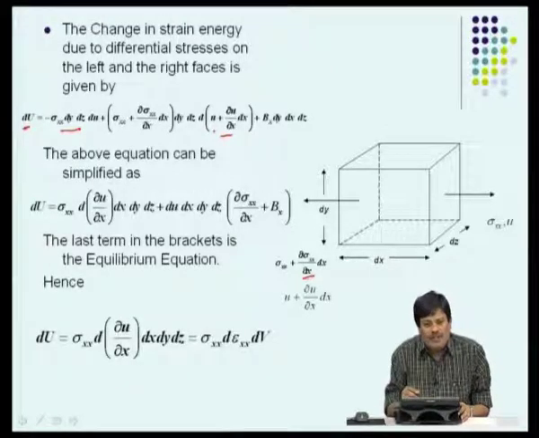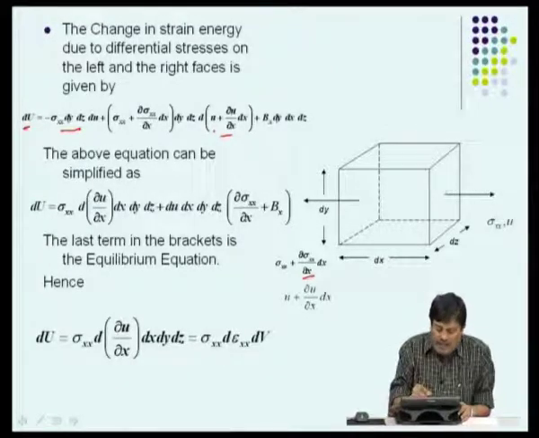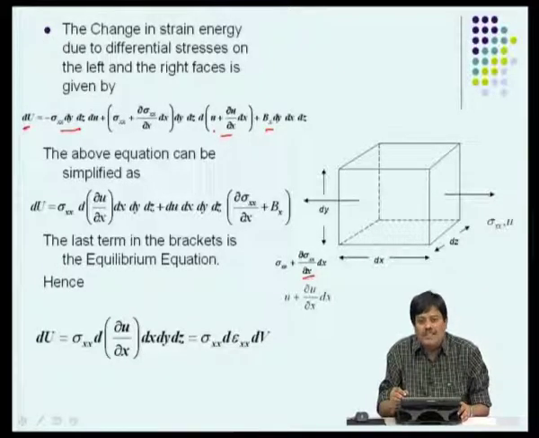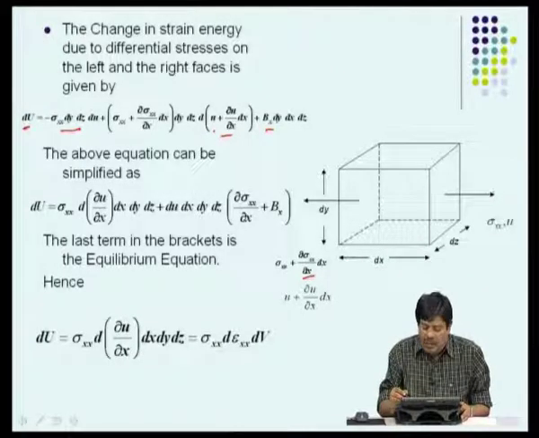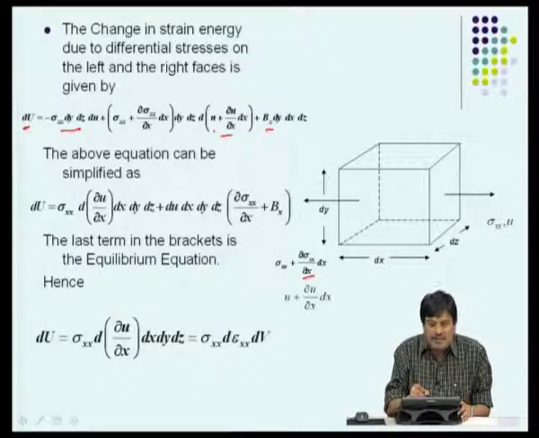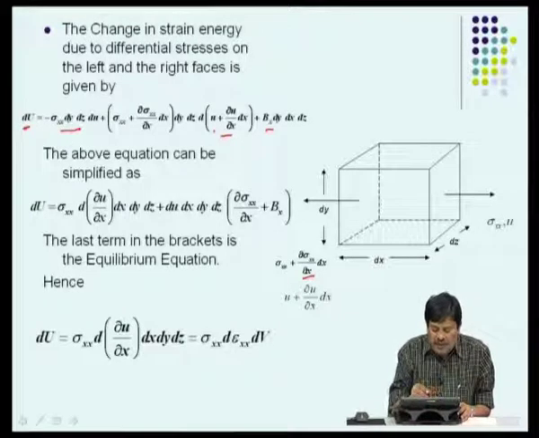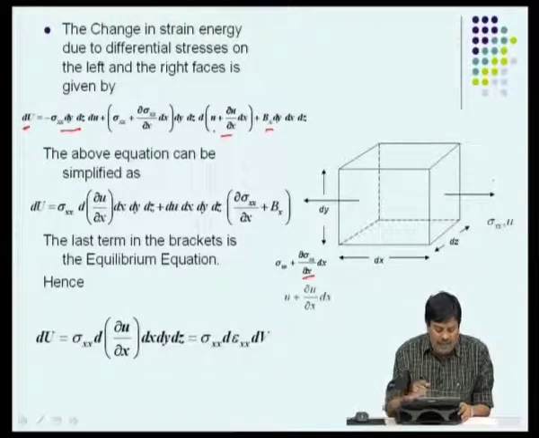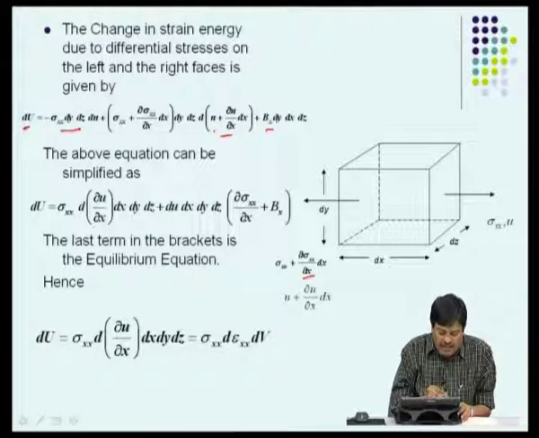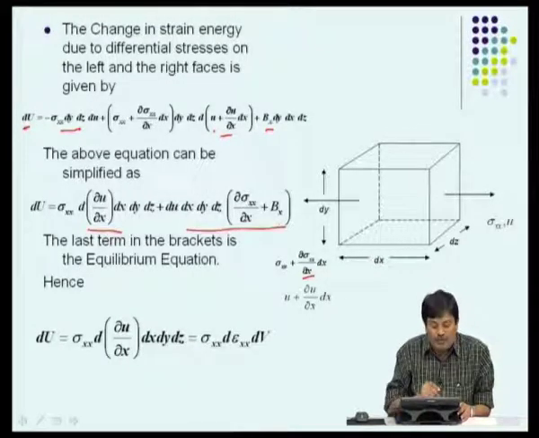We also assume there is a body force B, and this body force has the unit of force per unit volume. So, we take this body force multiplied by the volume of the element, which is dx, dy and dz, and we simplify this, we throw out all the higher order terms, and when we do that we get this quantity. Okay. We group this.